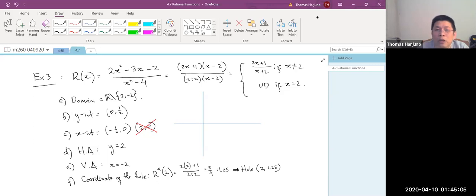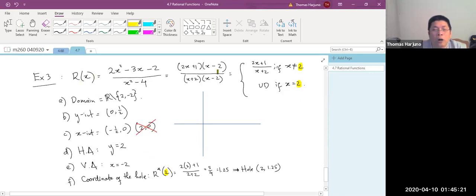What should be -2 for the R star 2? The 2 that I use here is from the undefined version. It is undefined for R, but it is defined for R star. When I plug in -2 into either one of them, it will be undefined.